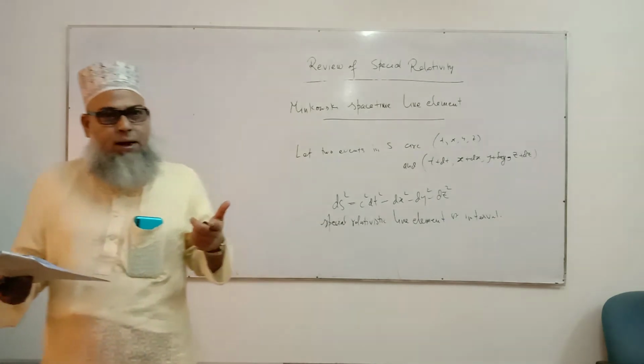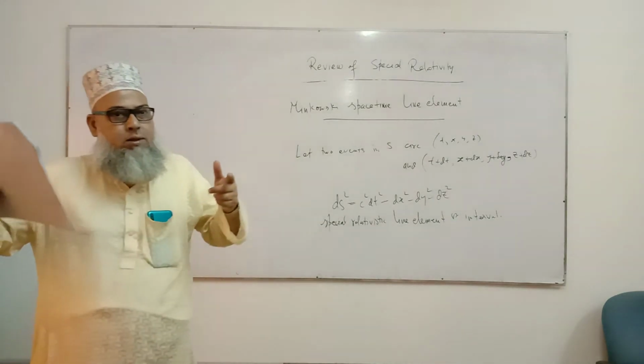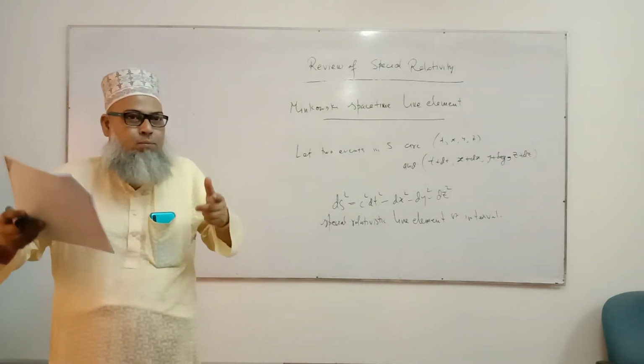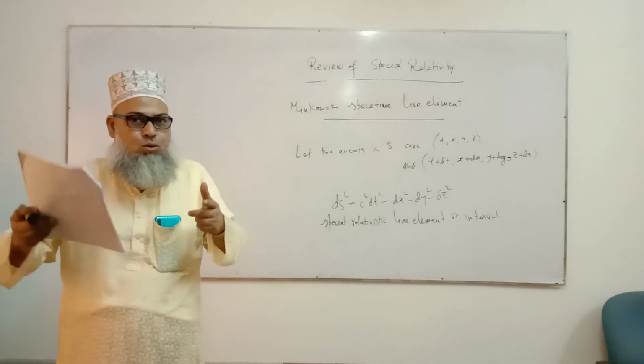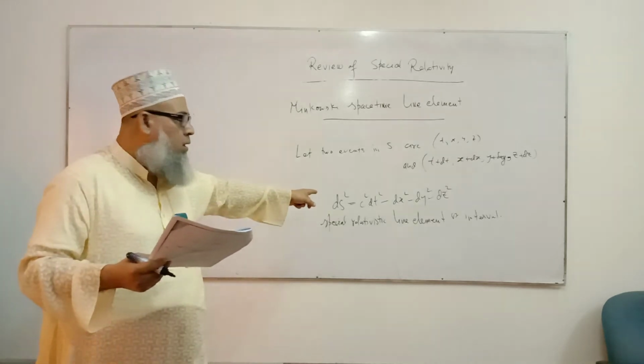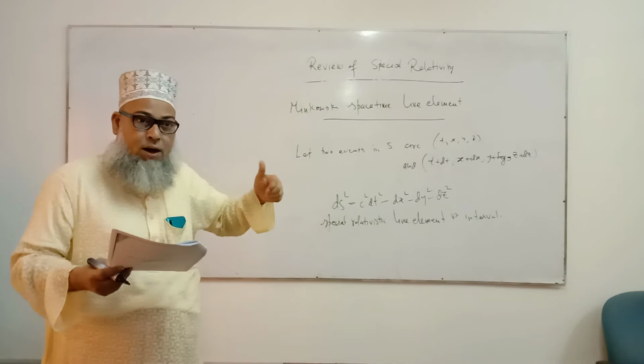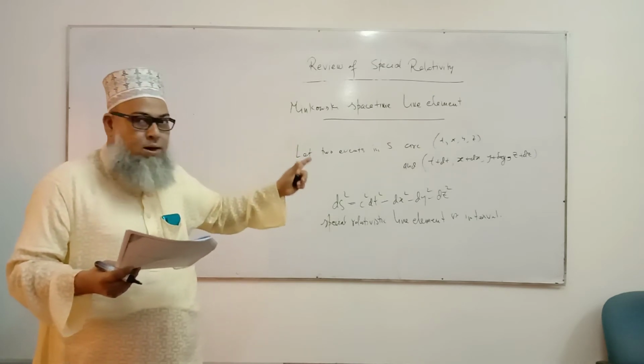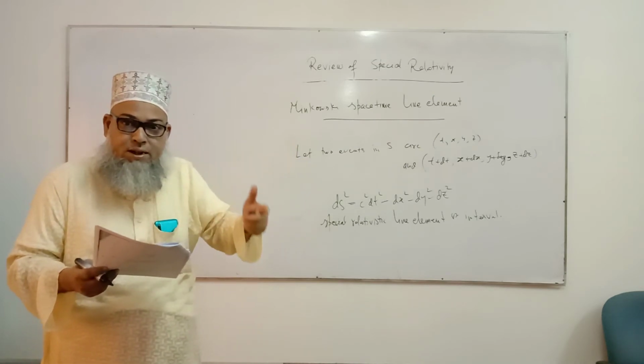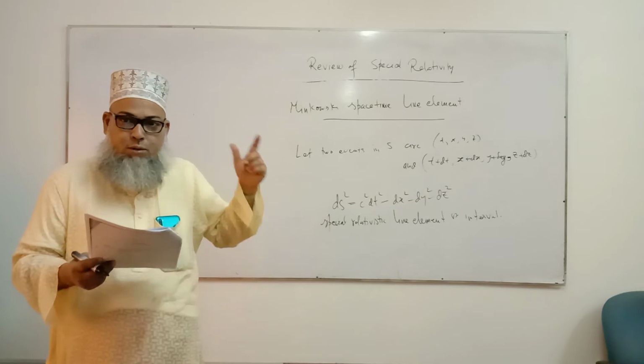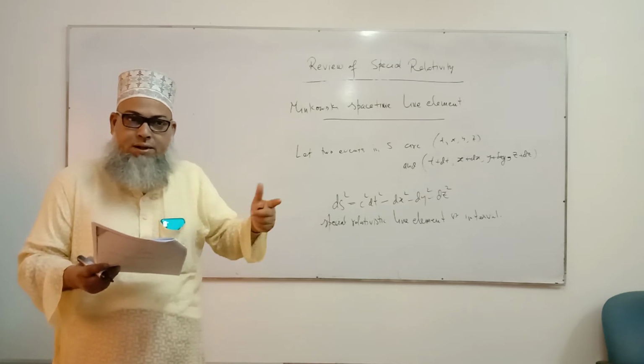Whenever you have two events, the square of the separation between those two events is given by this formula if and only if the two events are separated infinitesimally.